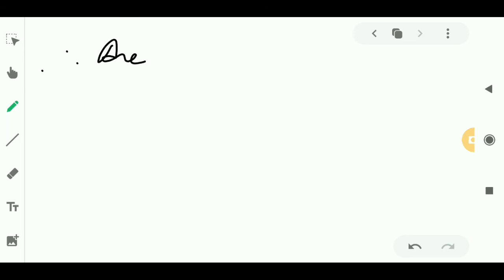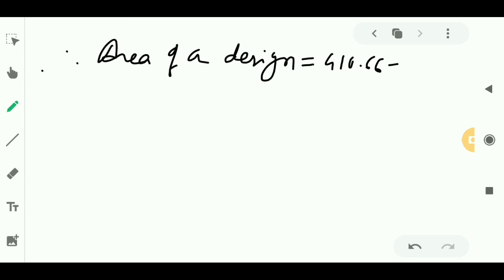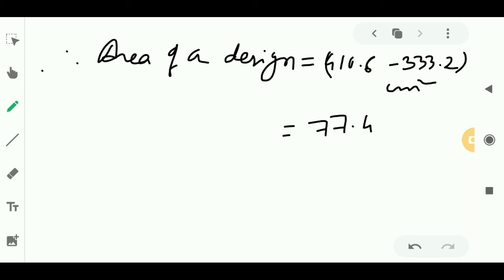Therefore, the area of a design. That means it is a segment, so I will subtract that. 410.66 minus 333.2. The extra 6 no need to write, so 410.6 minus 333.2 centimeters square. So 410.6 minus 333.2 is 77.4 centimeters square.